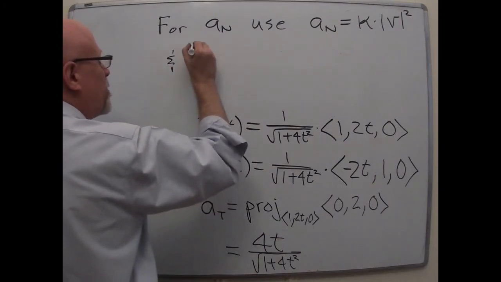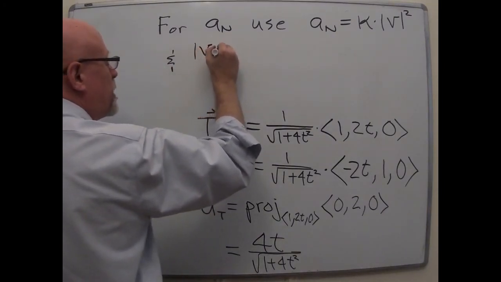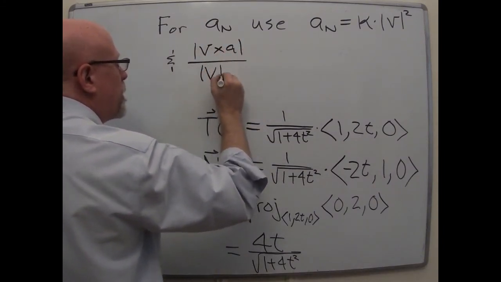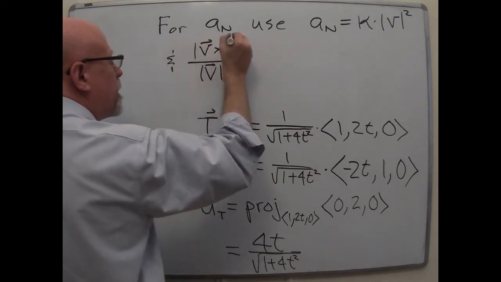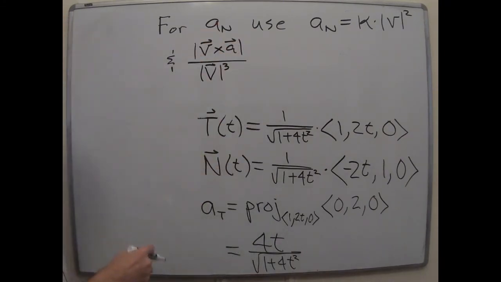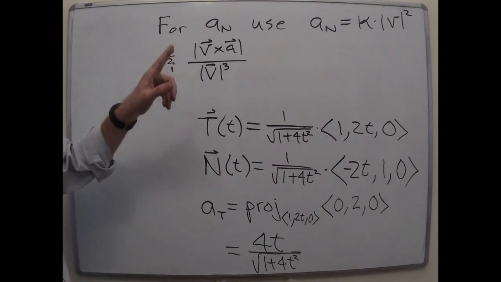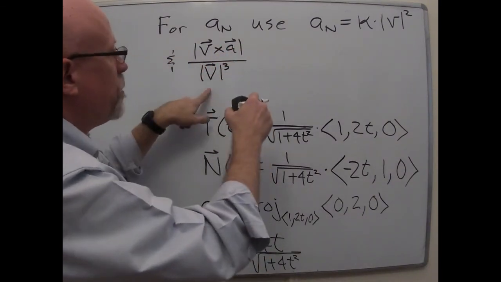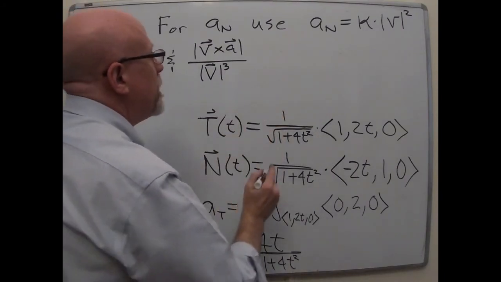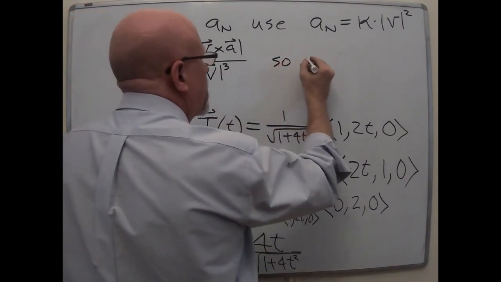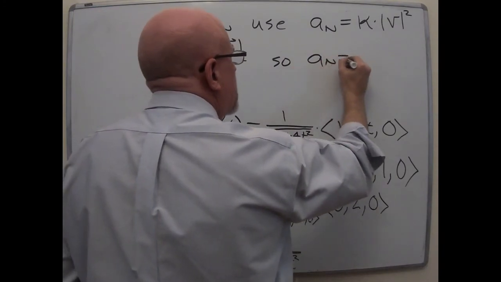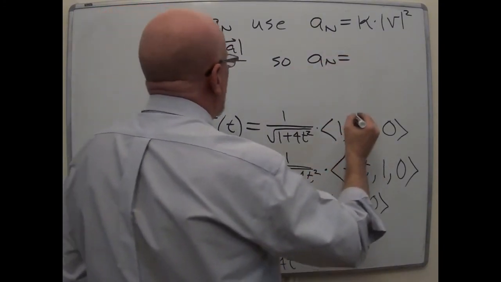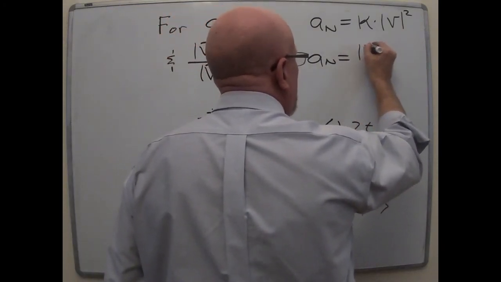Kappa, remember the alternate formula for kappa? It was the length of v cross a over speed cubed. Which means a sub n is this times v squared, the v cubed in the bottom, the v squared in the top. That's gonna let us get a sub n equal to the length of v cross a, divided by v.